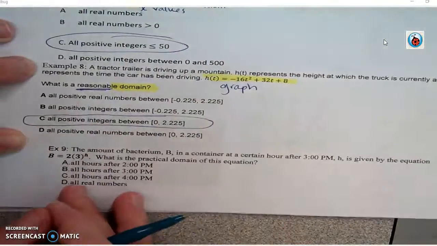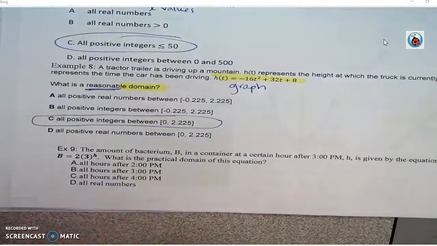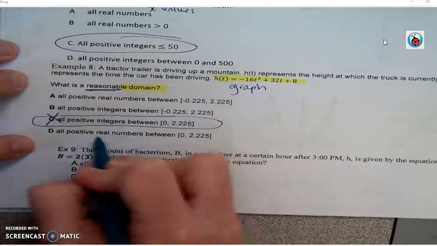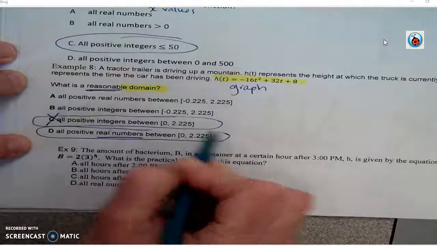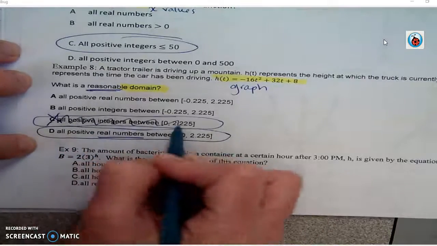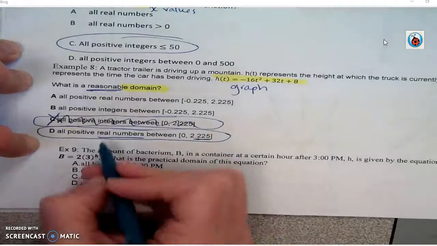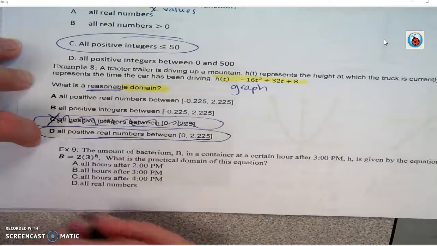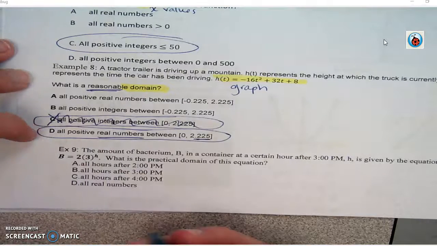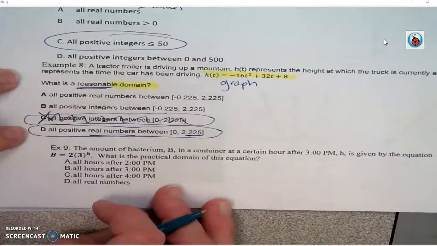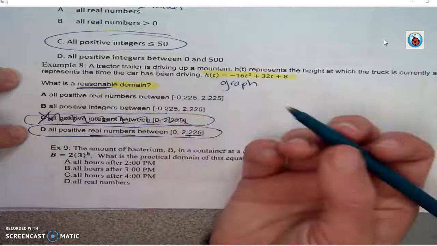So 0 to 2.25. Oh, I'm sorry, that was a mistake. This one would be real numbers because you can have decimals when you're talking about time. We have a decimal right here in our answer. So real numbers can be decimals, right? You can have half an hour.